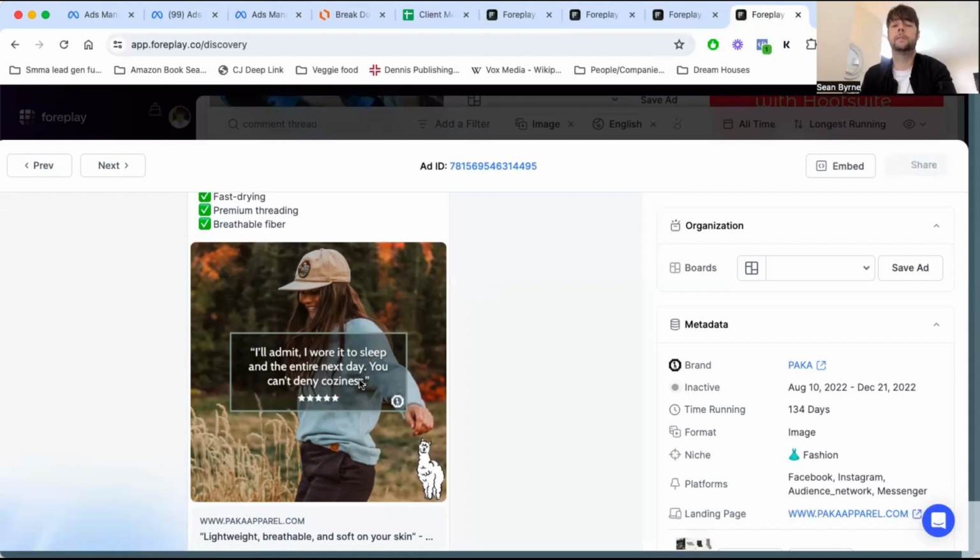You can't deny the coziness. So this is showing that this garment is very comfortable to wear, very cozy, and hard to take off. If anyone is looking for that kind of desired outcome, they're going to be at least intrigued to click on the ad and see what the post-ad experience is.